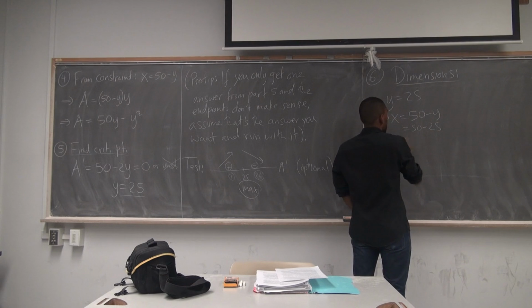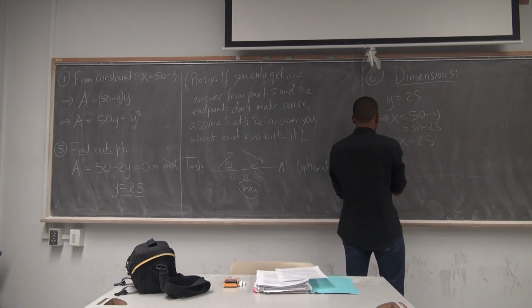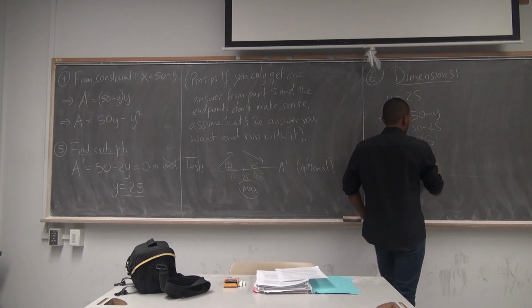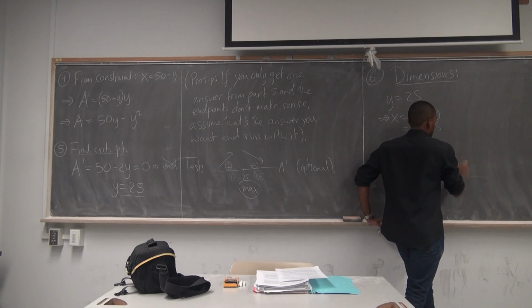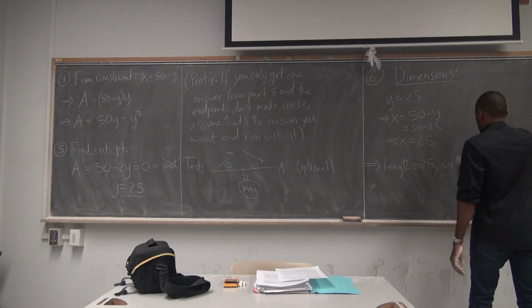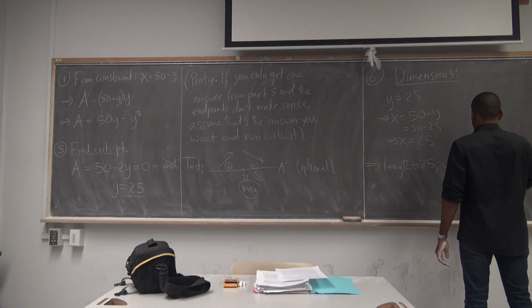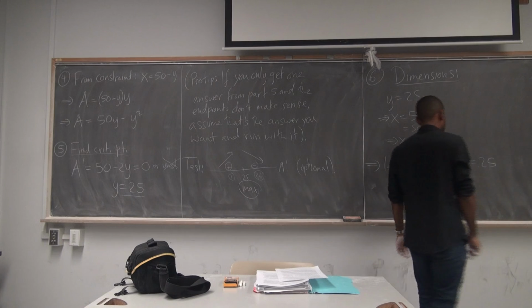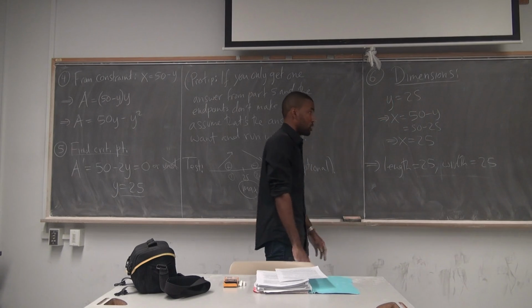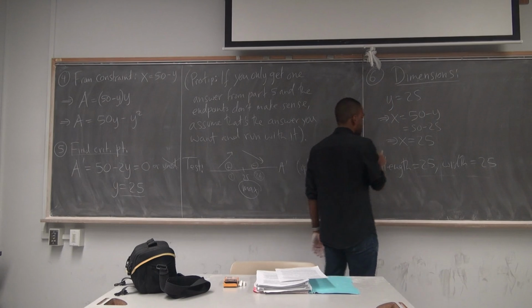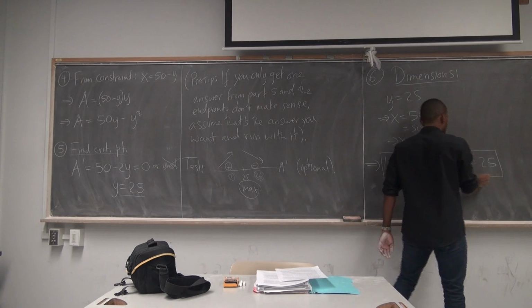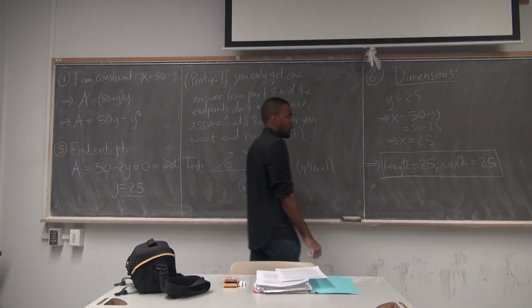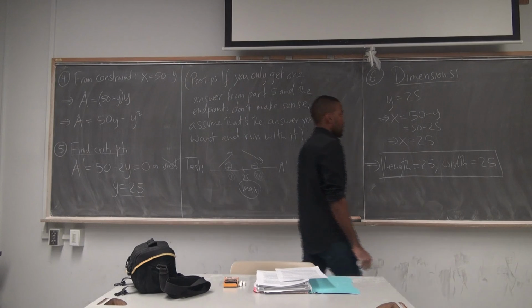So my x must also be 25, which means the length is 25 and the width is 25. So the best possible rectangular enclosure is actually a square. A 25 by 25 foot fence will have the largest possible area. And so that's the answer.